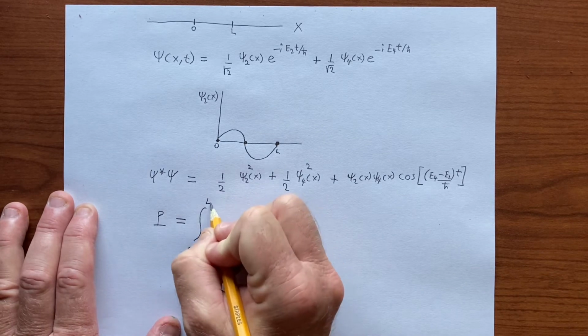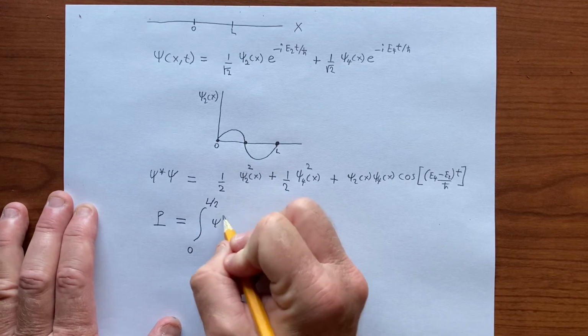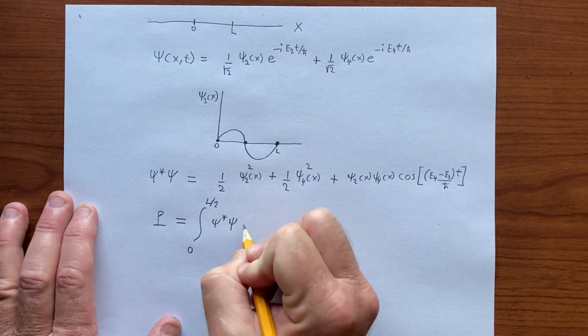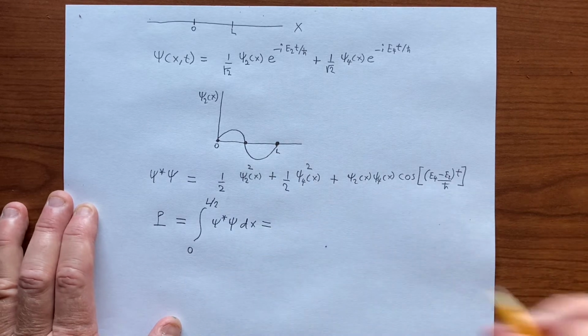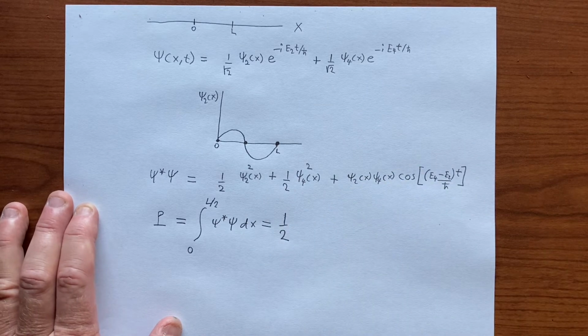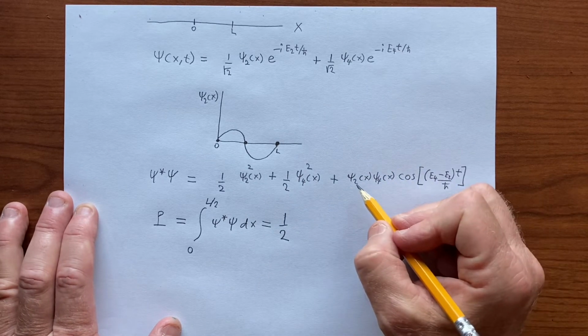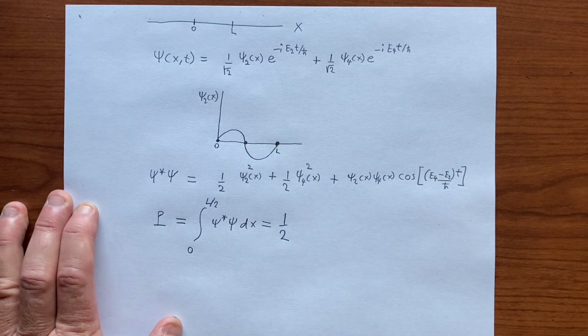But if we consider integrating from 0 to L over 2, we know that we'll get 1/2, because odd times odd gives us even. So all these functions are even.